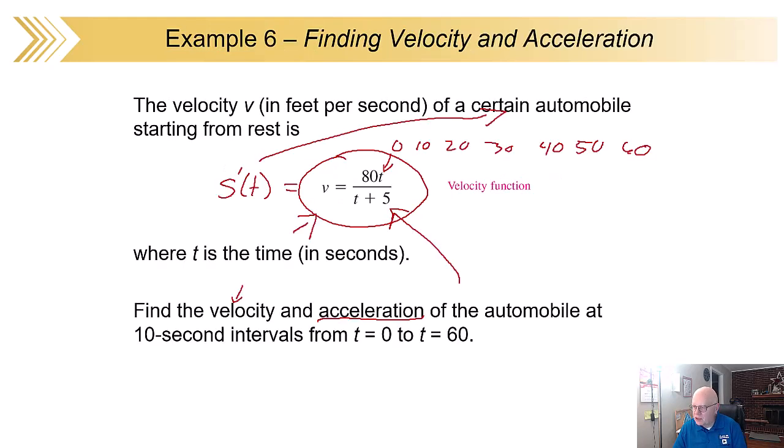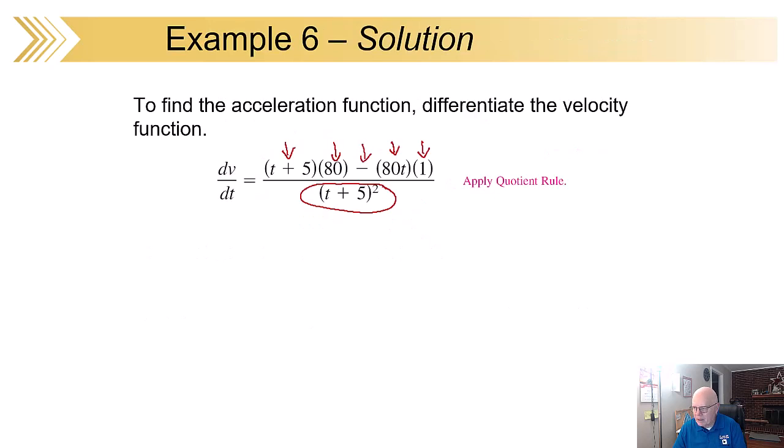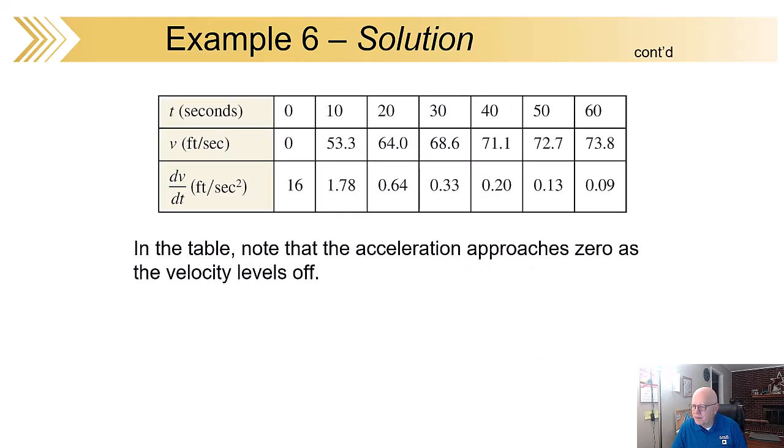If you need to, take a look back there at our velocity function, and there we go. There's the derivative of that velocity function for the automobile. A little bit of cleanup or simplification there. And then we'll put our values in.